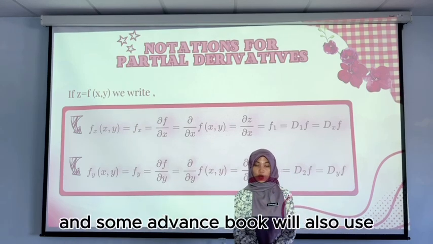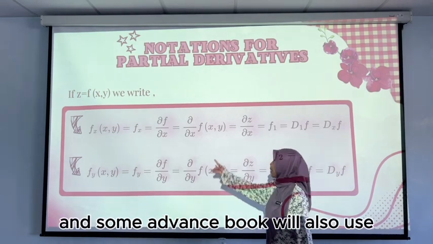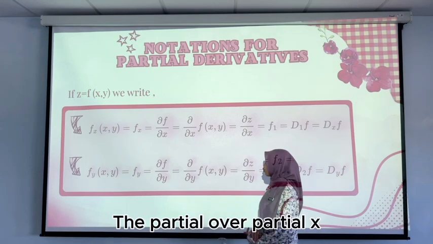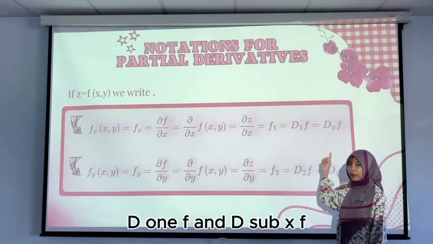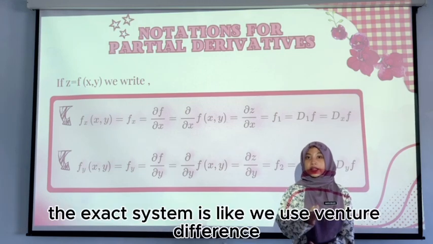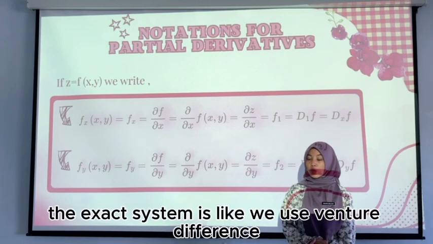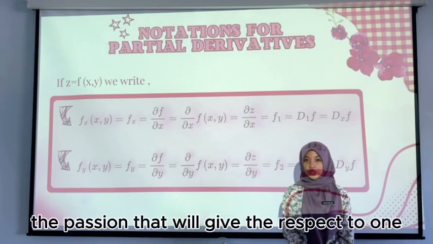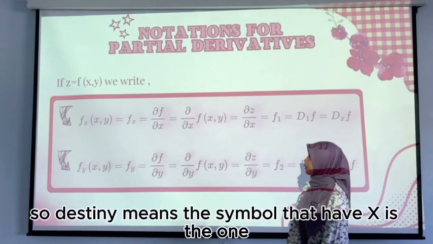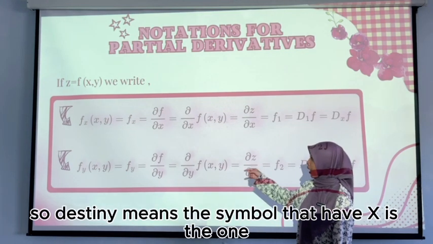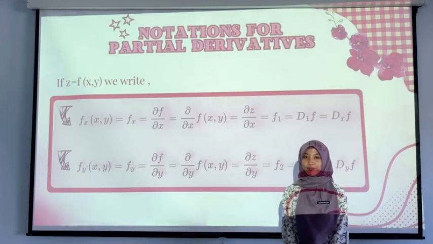Some examples will also use partial over partial x of f(x, y) and g sub x. The exact same style is used when you differentiate with respect to y, so just replace the symbols that have x with y.